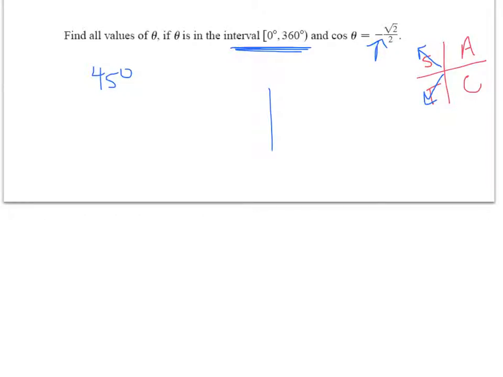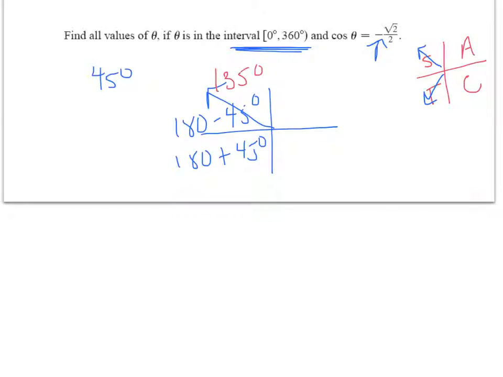So, if we have our quadrants here, we're going to say 180 minus theta, and then we're going to say 180 plus theta. And we said it was our reference angle. So, our first one is going to be 135. And our second one is going to be 225.